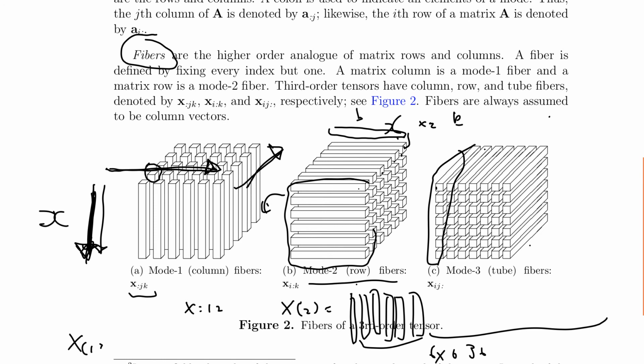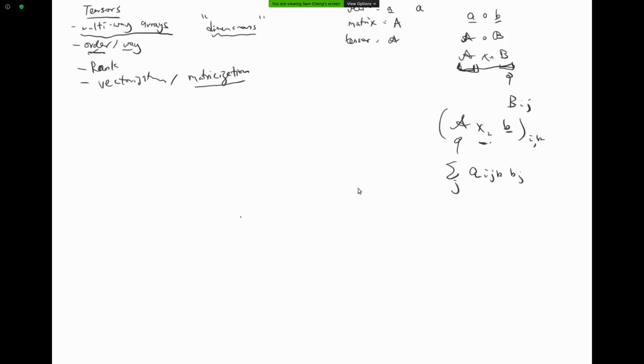Yeah, this is basically a mode n multiplication with a vector. Now if I have mode n multiplication with a matrix, it will be similar.